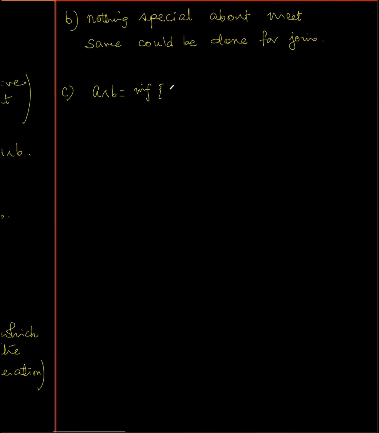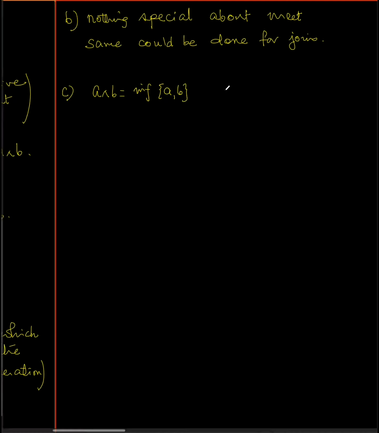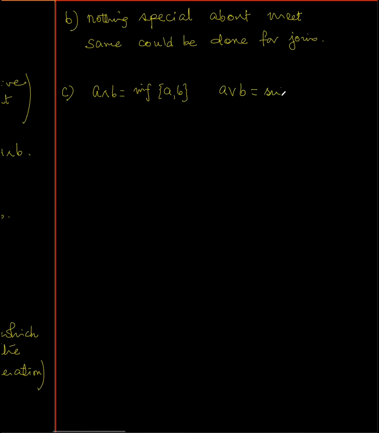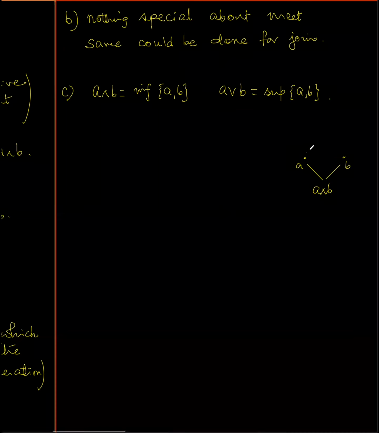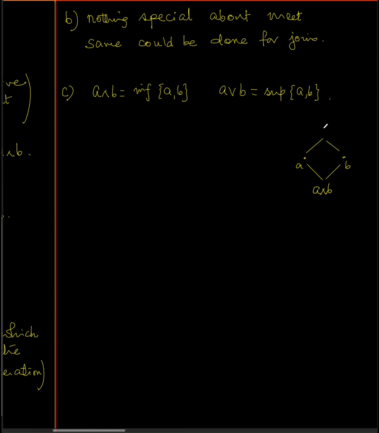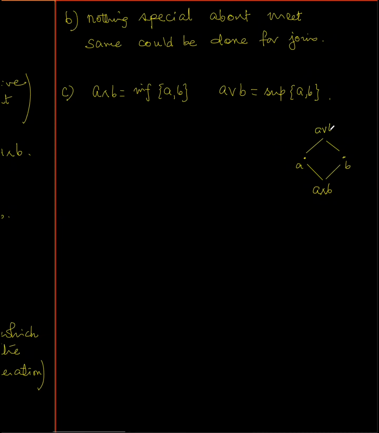This is there, and as well as this is there. So given any two elements A and B, I have their infimum and I have their supremum. Okay, so this diamond is always there.